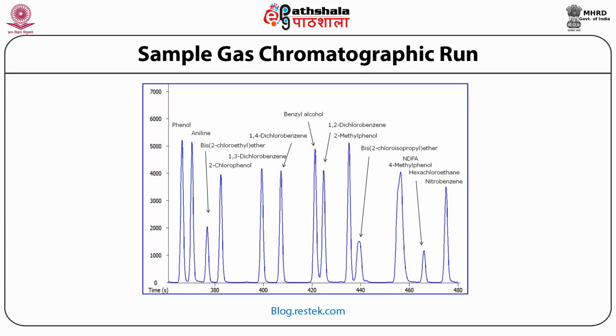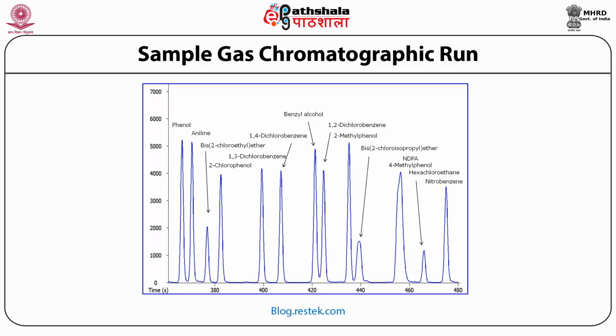This is a sample of a gas chromatographic run, and as you can see, it's showing the peaks of a large number of organic compounds, and these range from phenol to aniline to benzyl alcohol, and most of these peaks are very well resolved. They are thin straight lines.